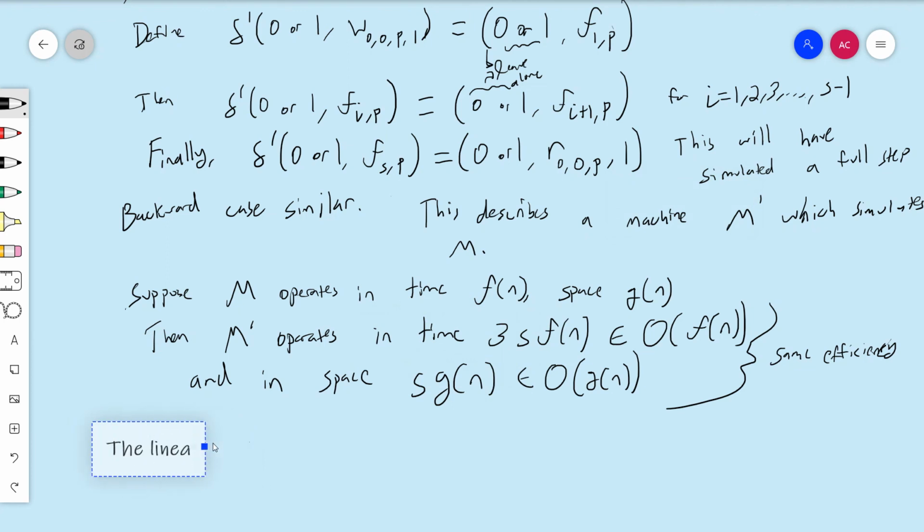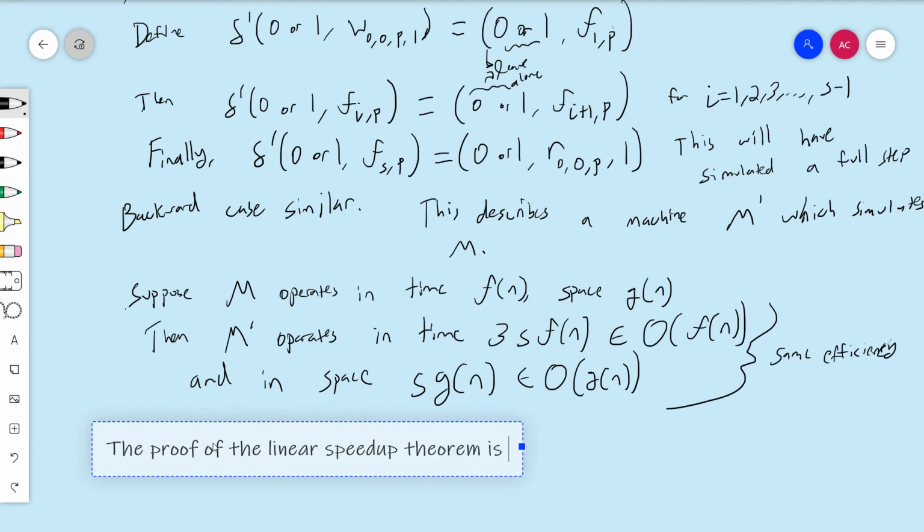The proof of the linear speedup theorem is basically this in reverse. I didn't prove the linear speedup theorem because I knew I was going to prove this, and the proof of this more or less is the proof of the linear speedup theorem. It's just instead of going from a big alphabet to a small alphabet, you're going from a small alphabet to a big alphabet and showing that you can go faster.